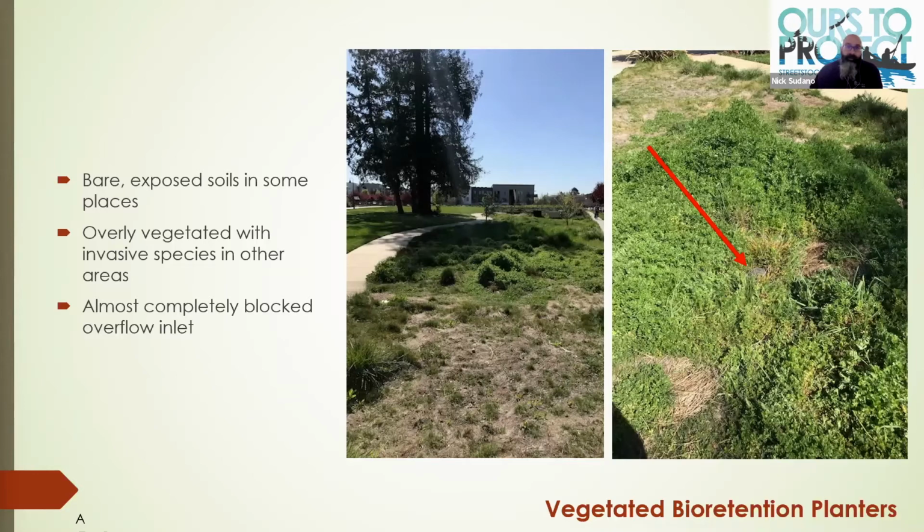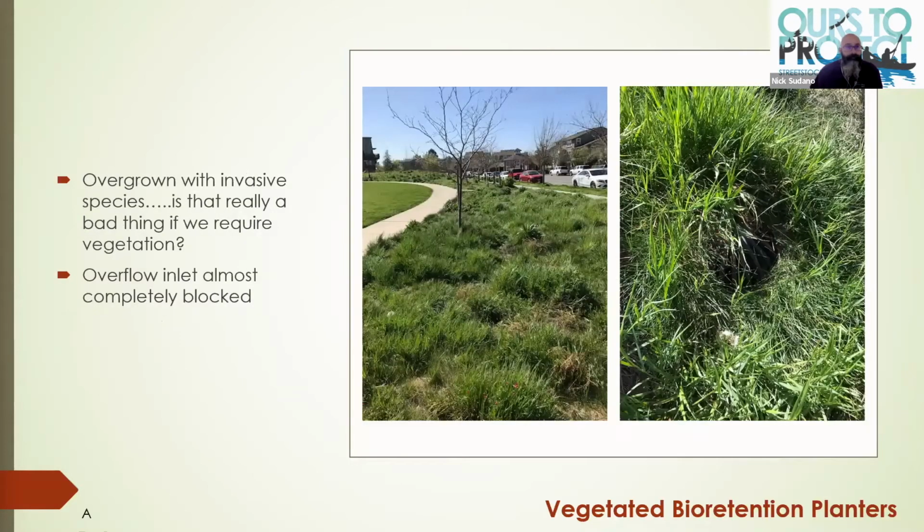So really understand where these are and what the intent is, and if you switch landscape contractors or even maintenance personnel for a municipality, make sure that everybody who's involved with the project understands what they're protecting and why. Yeah, and you'll see this is in the same location. The features have gotten away from them, completely overgrown with invasive species, and again, the inlet is totally blocked.